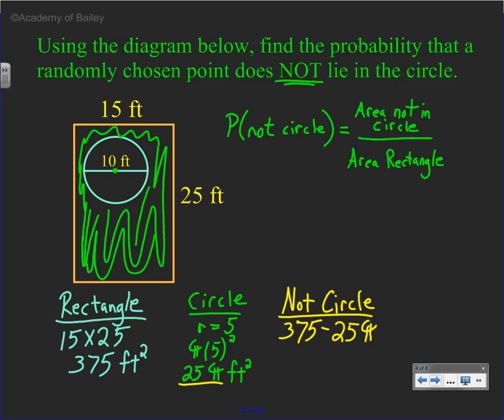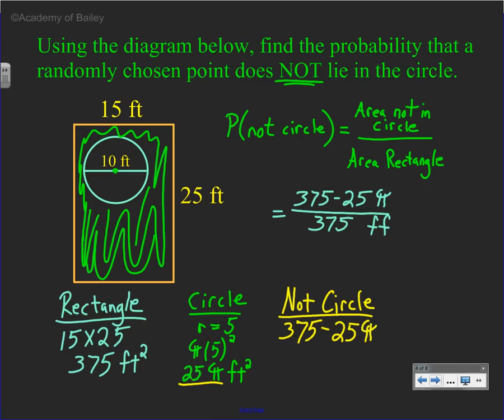So let's go up here and work out the probability of not being in the circle. Well, we know the area of not in the circle is on top, so we know that's 375 minus 25 pi. That's on top. And the area of the rectangle is on bottom, so that's 375.